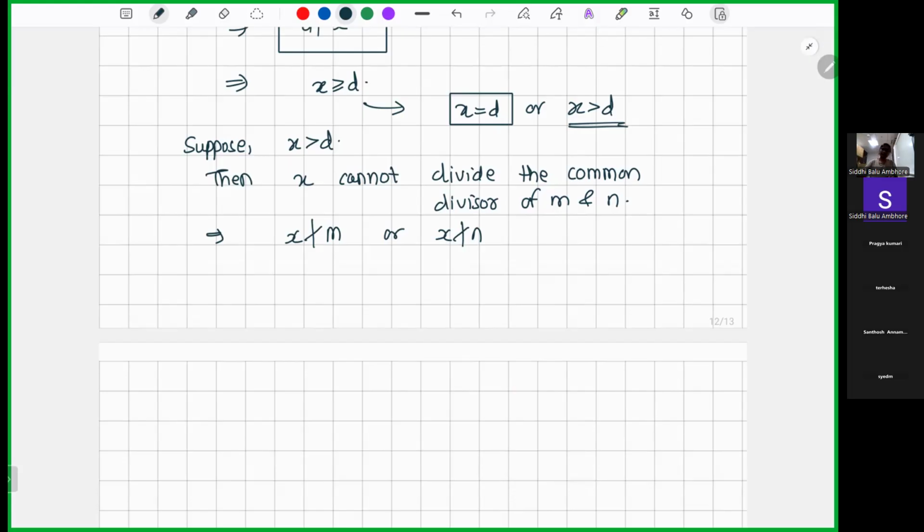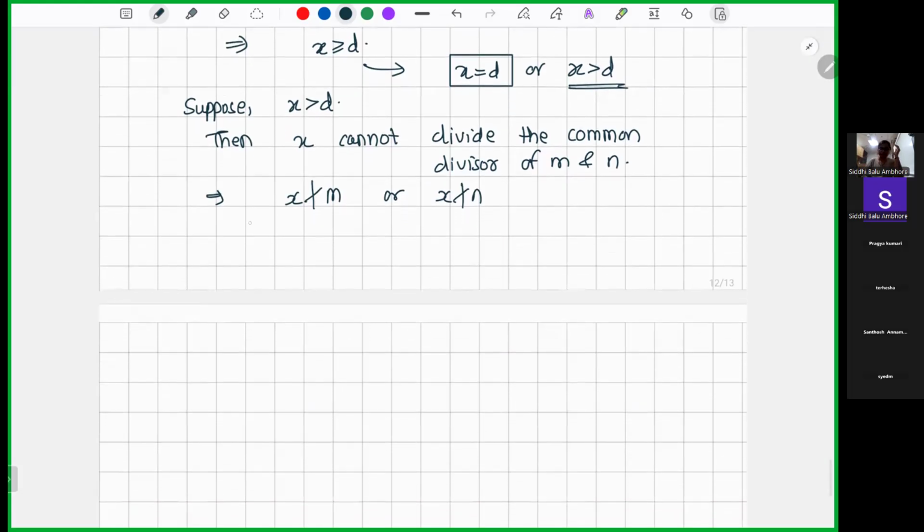And since it cannot divide other divisors, m and n being divisors of those numbers, x cannot divide m or x cannot divide n. Not and, or. Please understand this. And so without loss of generality, at least one of these should happen. It could be possible that x does not divide both of them, but it definitely does not divide one of them.